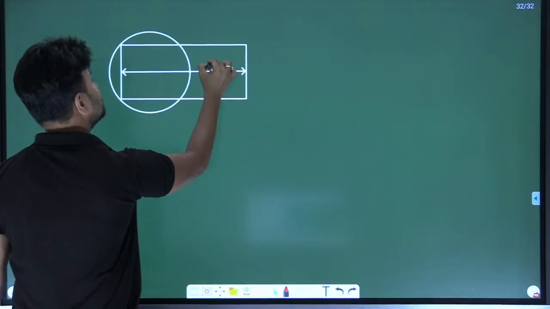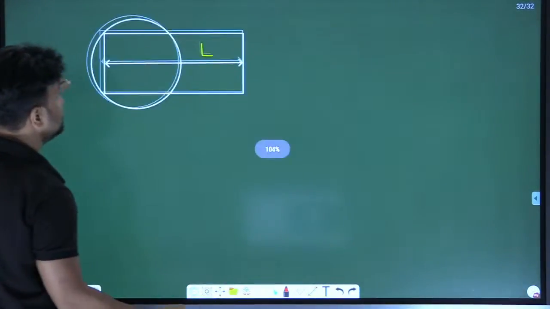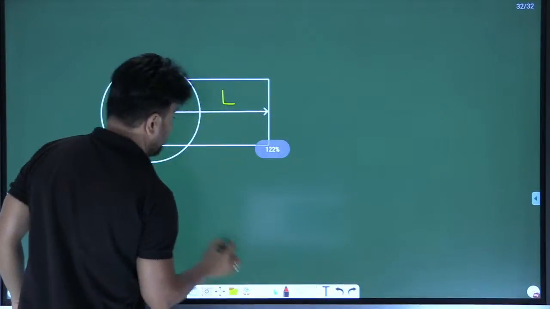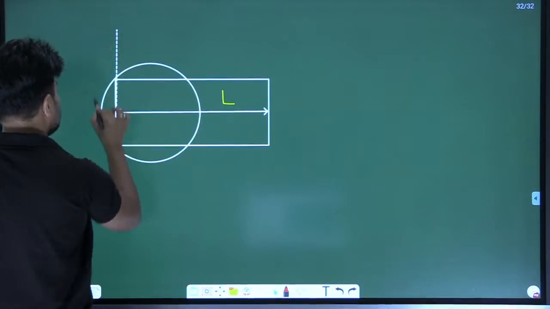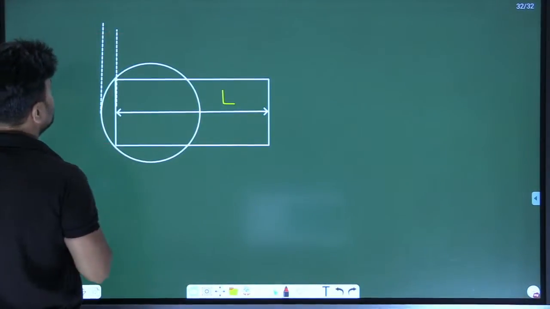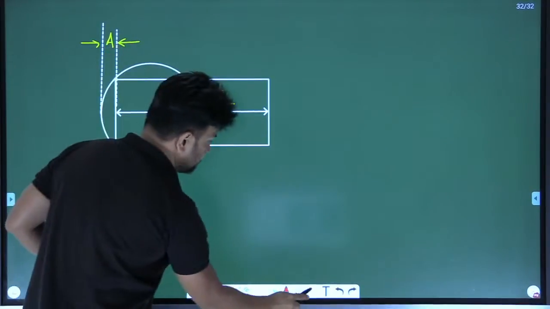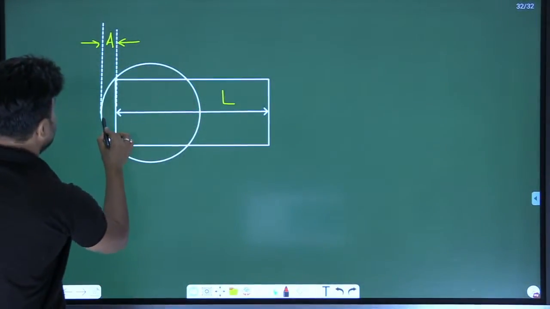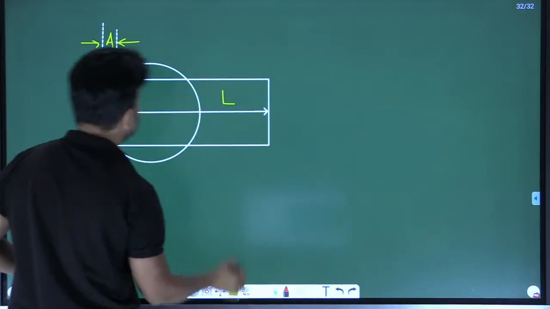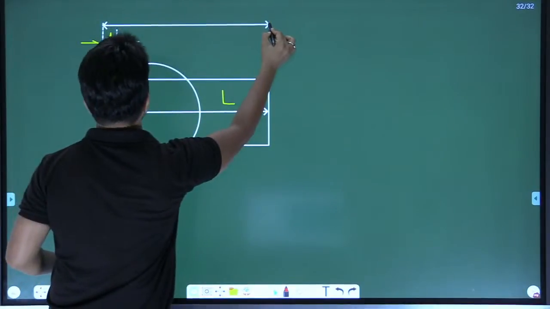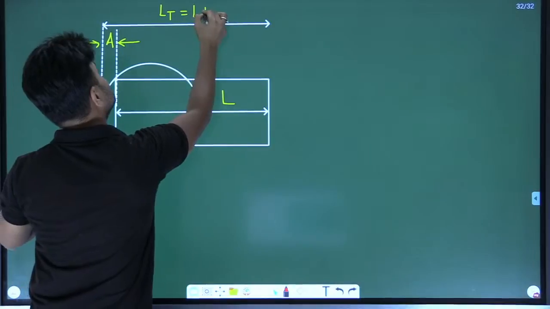The total distance is L plus A. This is the total distance basically. That is LT, that is L plus A.